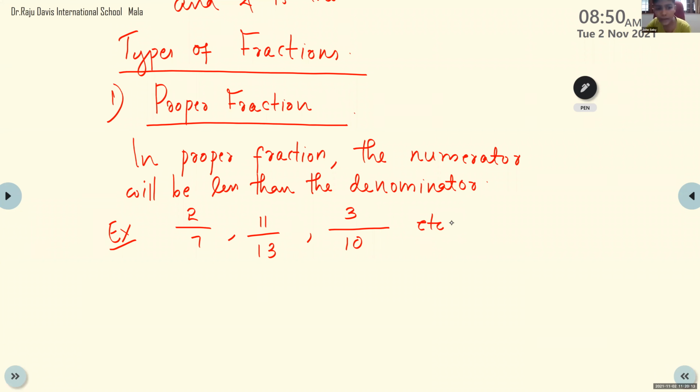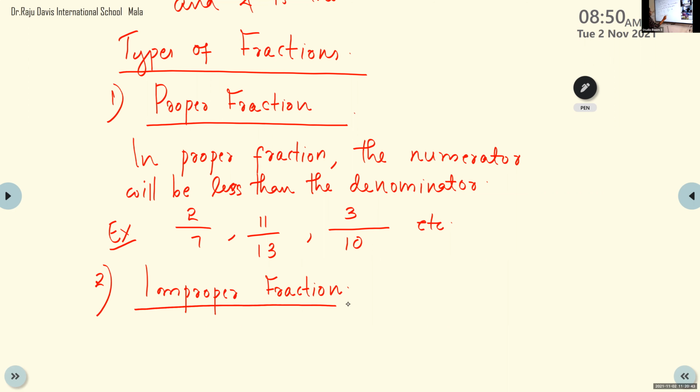In a proper fraction the numerator will be what? Less. If we flip the examples like 2 by 7 into 7 by 2, it's improper. Next one is improper fraction. If in a proper fraction the numerator is less than the denominator, then what will be an improper fraction?